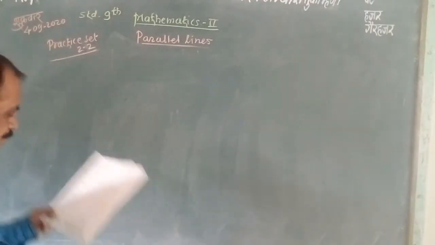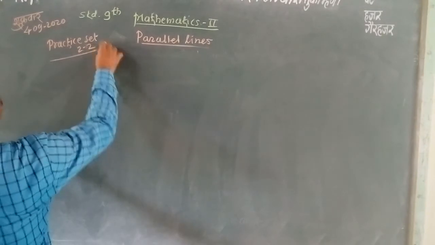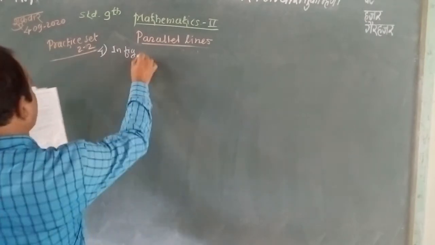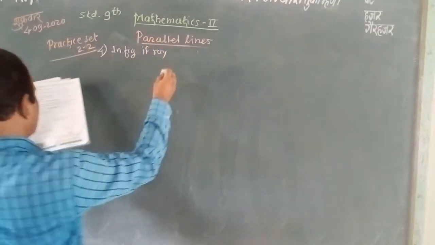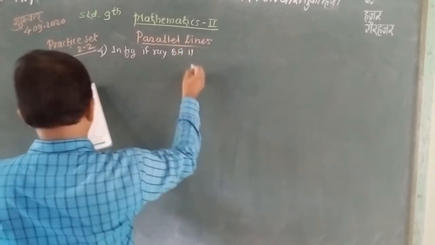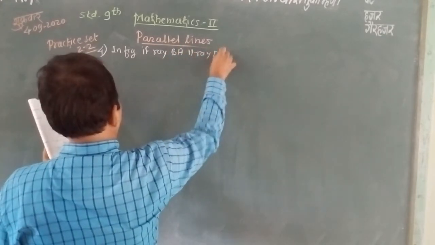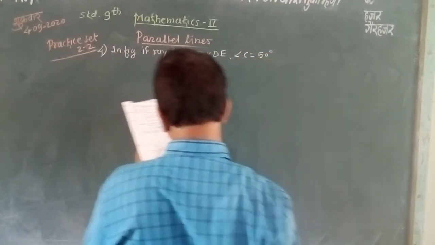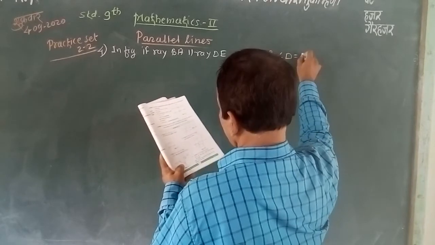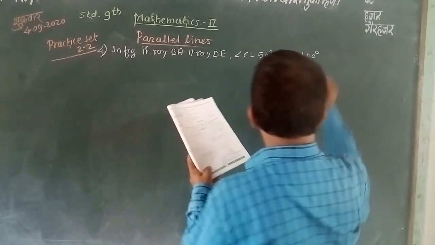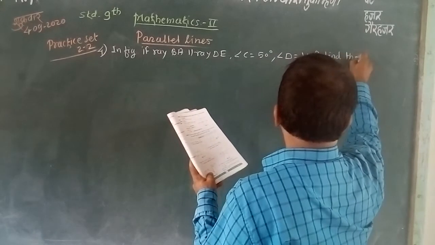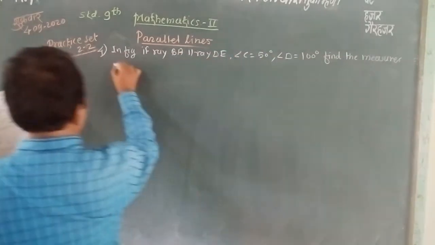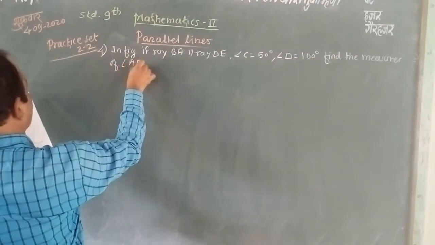Fourth example. In the figure, if ray AB is parallel to ray DE, angle C is equal to 50 degrees, angle D is equal to 100 degrees, then find the measure of angle ABC.